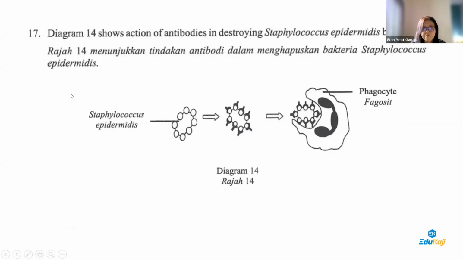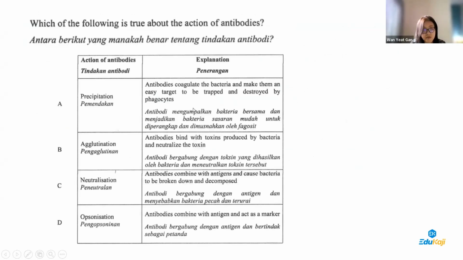17. Diagram 14 shows the action of antibody in destroying Staphylococcus epidermidis bacterium. Okay, so you can see here the bacteria is marked, and then the phagocyte engulfs it. Which of the following is true about the action of the antibody?